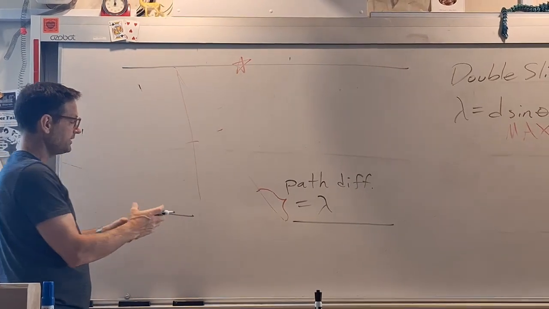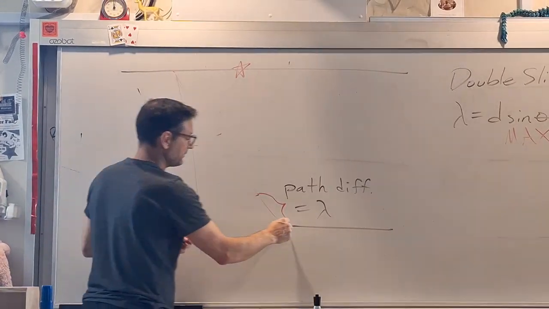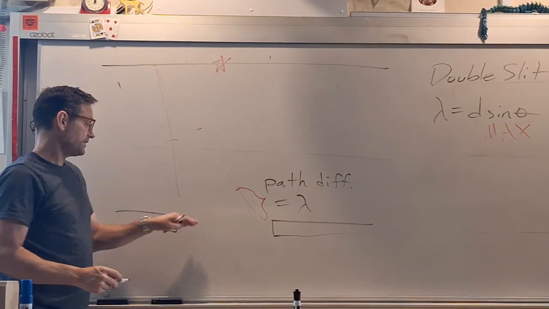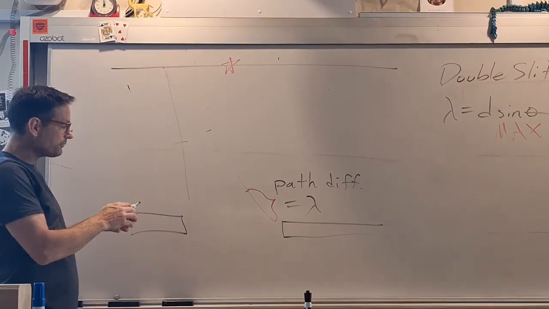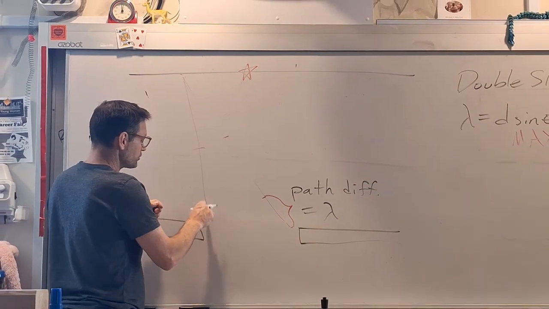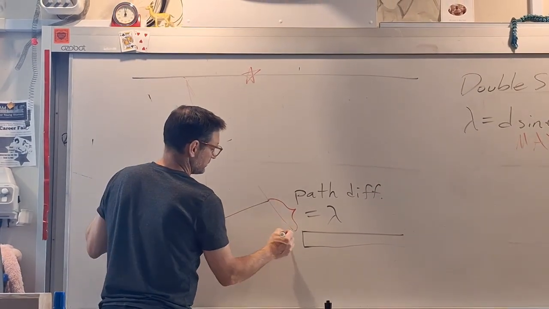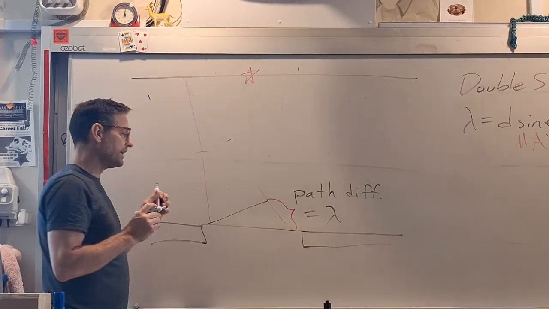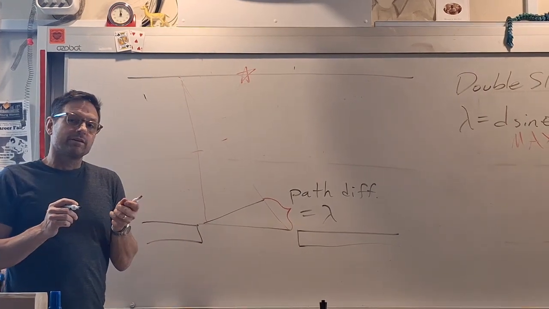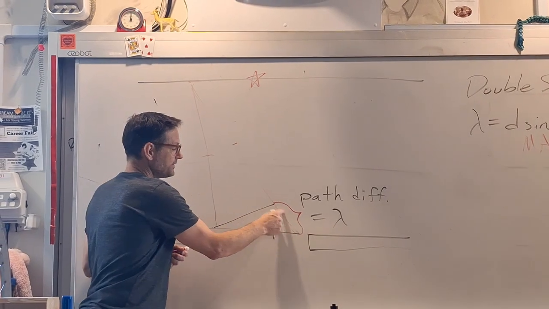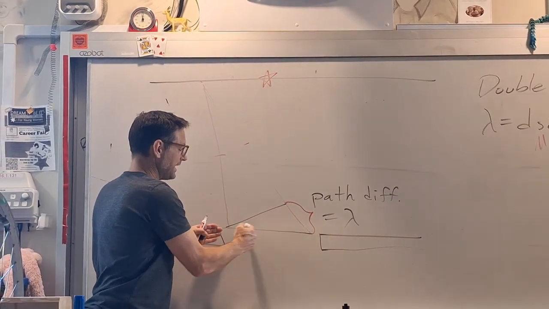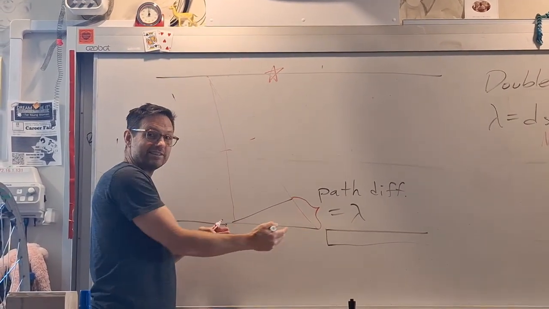let's say that you just get rid of the stuff in the middle, and this is a full slit. Then you can draw the same triangle, but now if this path difference is lambda, then your average path difference across the whole slit is half lambda.